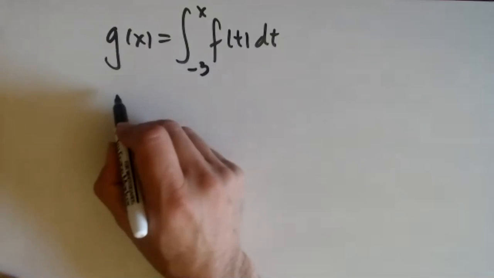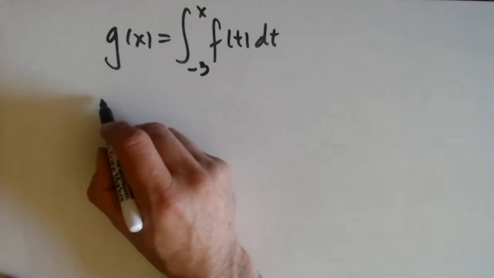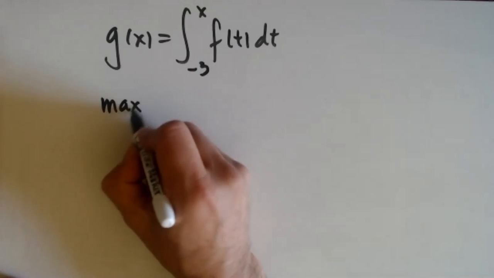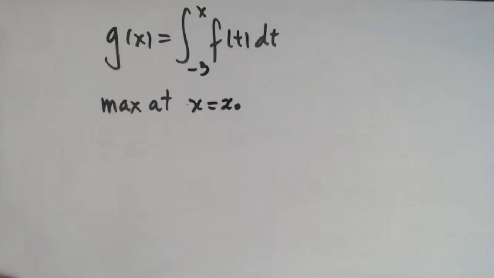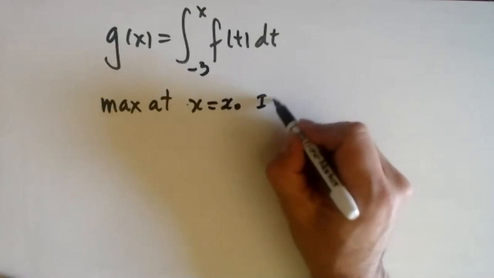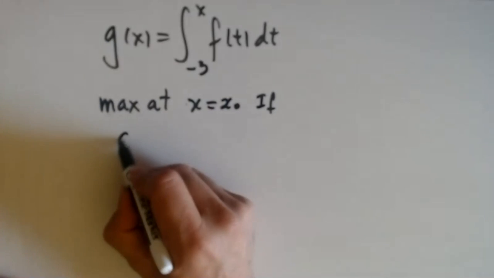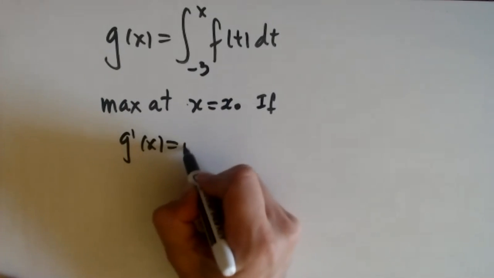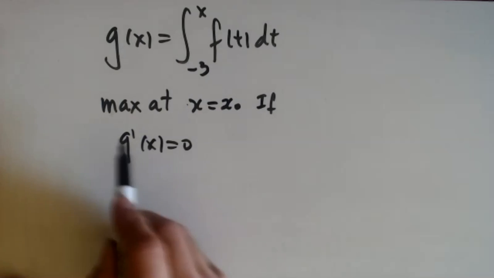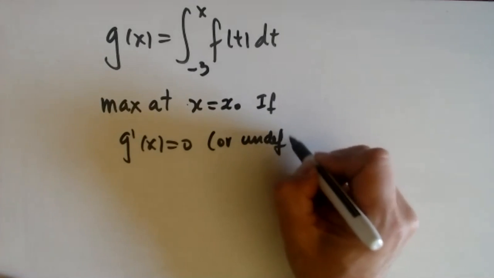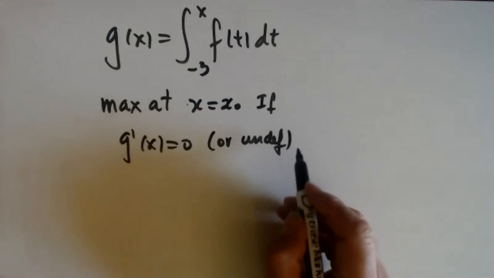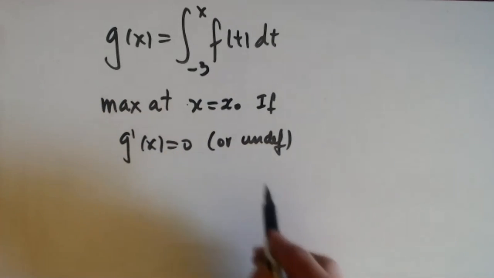And then I have to remember the definition of a max. You have a max at x equals x0, for instance, if g prime of x is 0, correct? Or undefined, this is a peak.